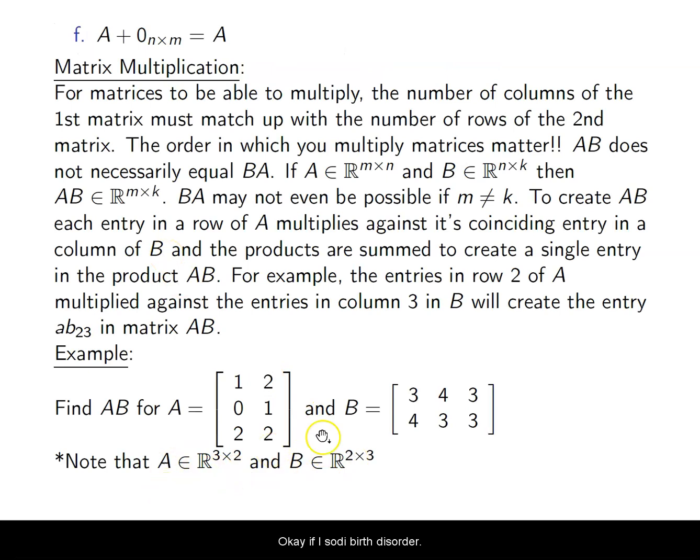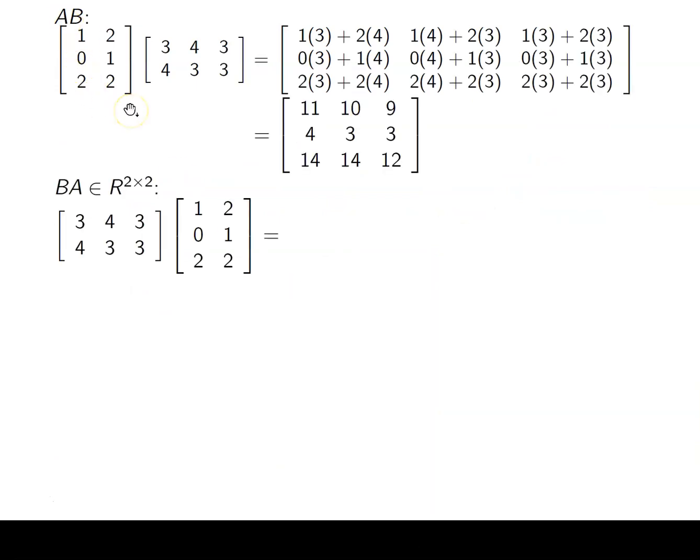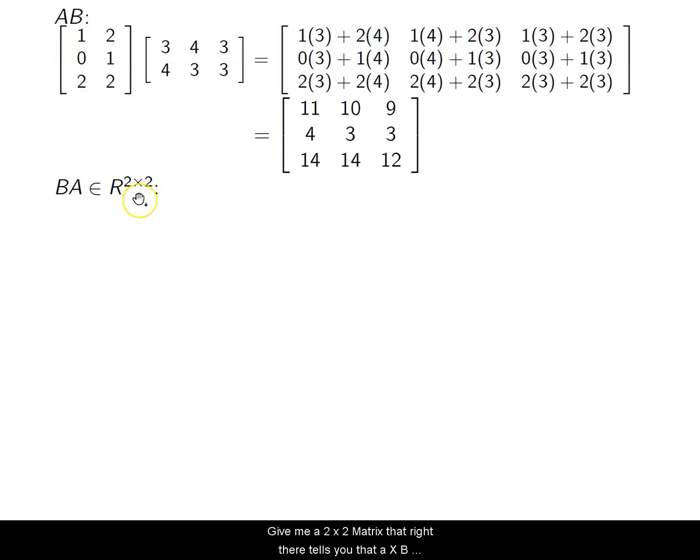If I reverse this order, notice that this is 3 by 2 and 2 by 3. So if I put B in front and A behind, the inner dimensions then are the 3s and the outer dimensions are then the 2s when I reverse the order here. So then that means that our result, if I do B times A instead of A times B as I did here, okay, will give me a 2 by 2 matrix.